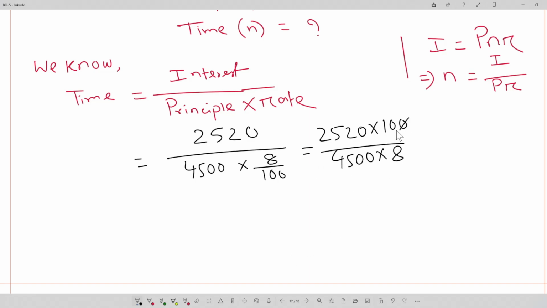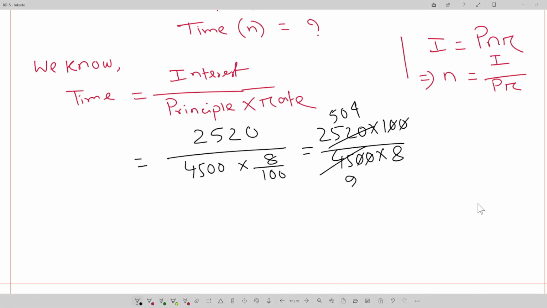Okay, so 0 0 0 0 cancel out. Now what can we do? Here is 45 and here is 2,520. We can divide both by 5. So 2,520 divided by 5 will be 504, and here is 45, divided by 5, so 5 times 9 is 45, so 9.